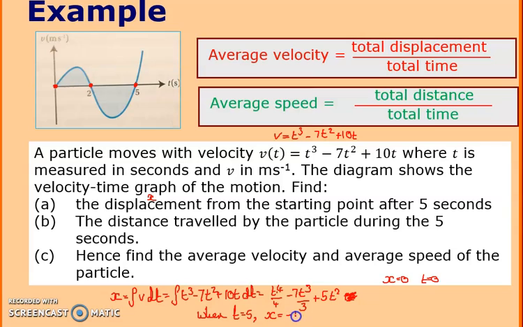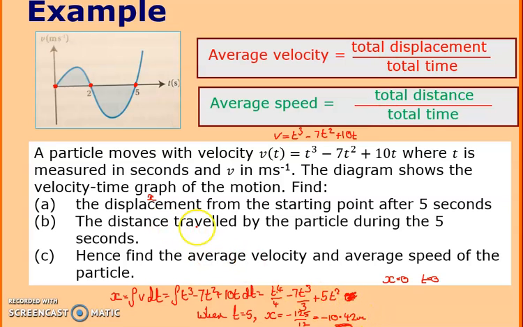So it's minus 125 over 12. I could write that more friendly: minus 10.42 meters. That's how far away from where I started. The negative just tells me that if I thought of positive as the right, now I'm on the left, and vice versa. I'm going to go on to the next page.